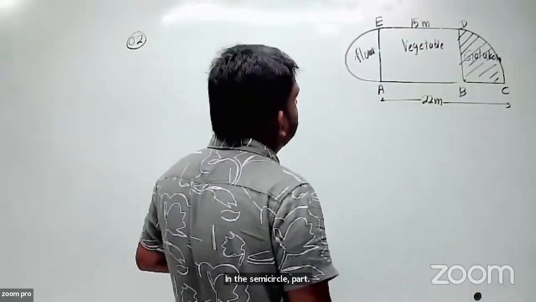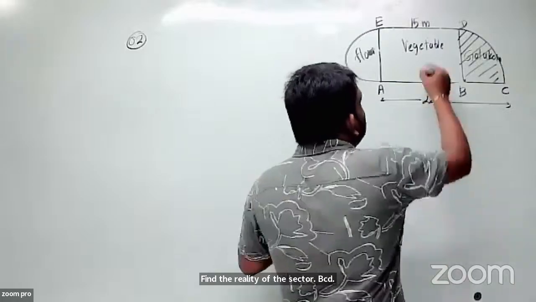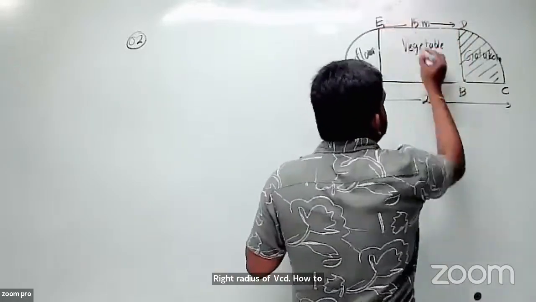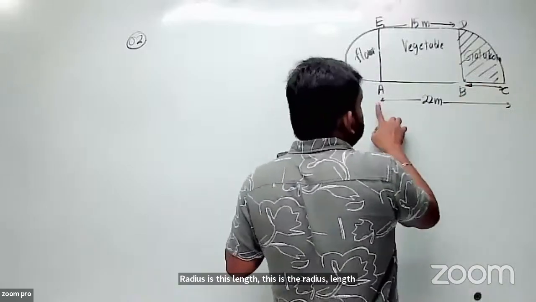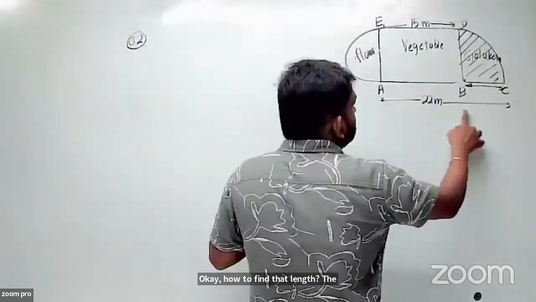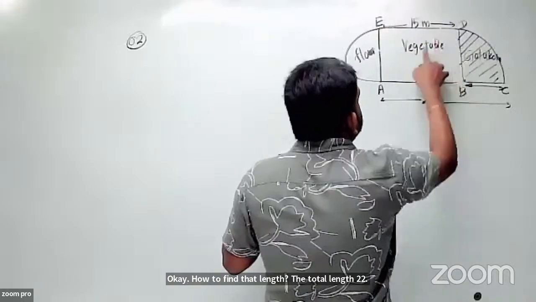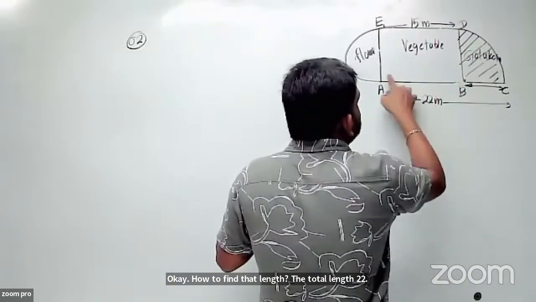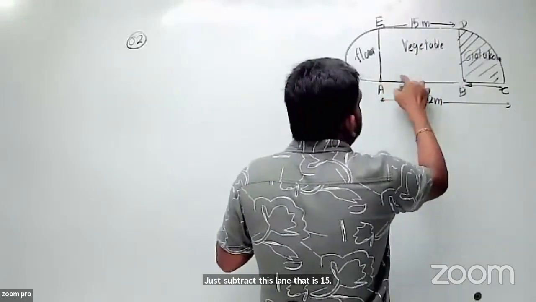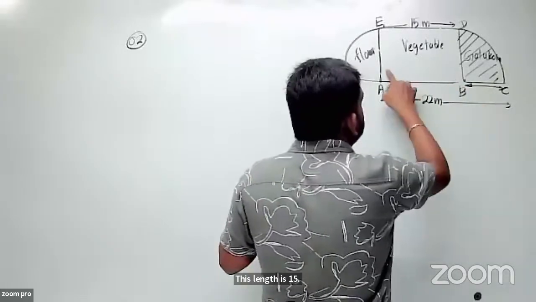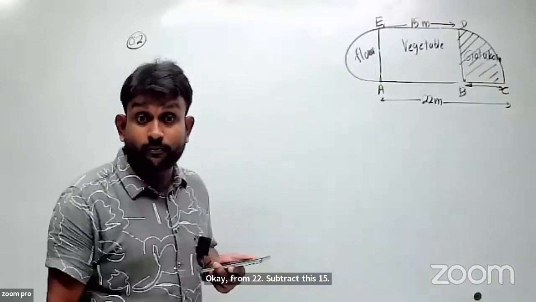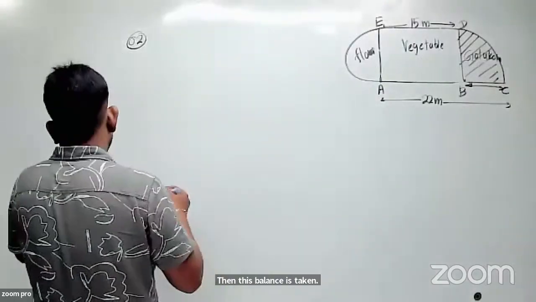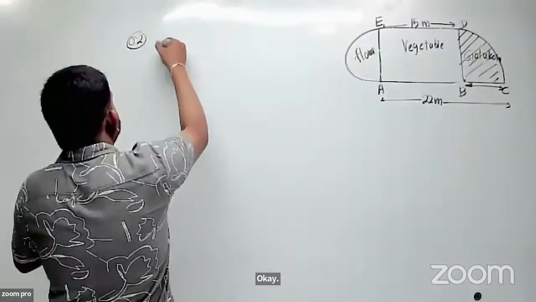Right, radius of BCD. How to find it? The radius is this length. How to find that length? The total length 22, just subtract this length, that is 15. So how to find the BC length?